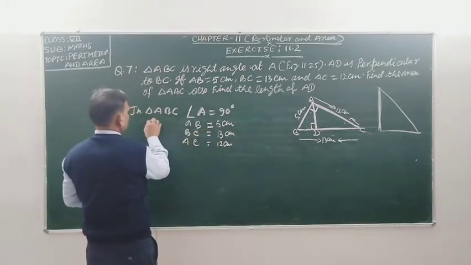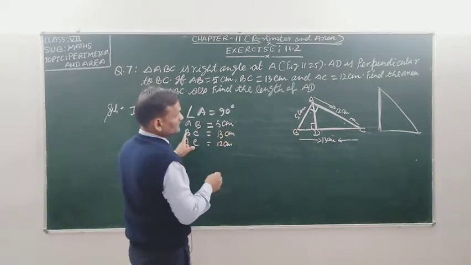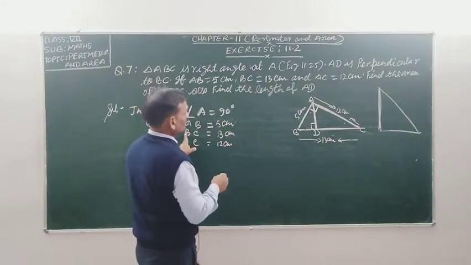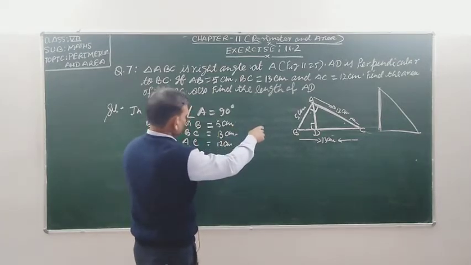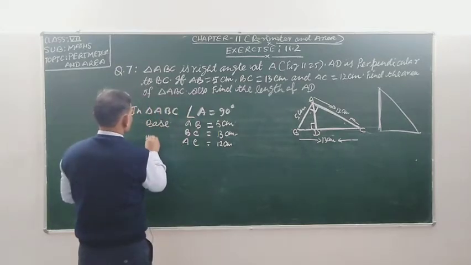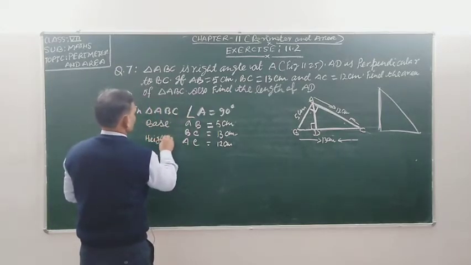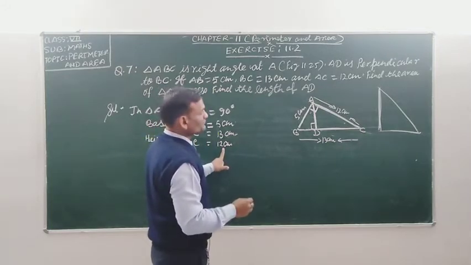So you can write base AB is equal to 5 centimeter, BC we leave at this time, and AC is the height, AC is equal to 12 centimeter.